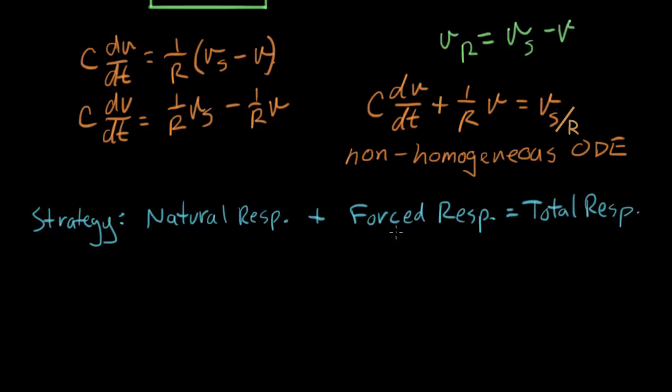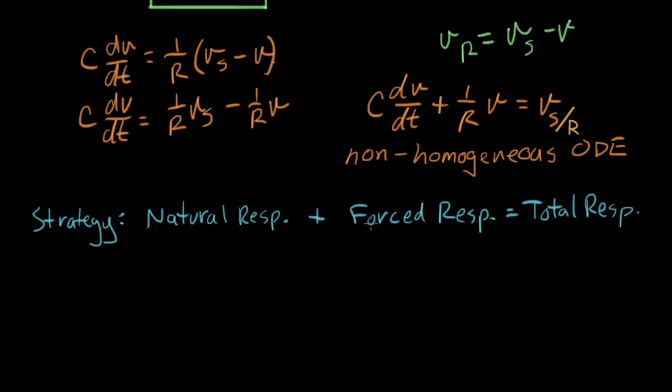All right, so we have 2 new words here: the forced response and the total response. If we remember, the natural response was what the circuit did when nothing was forcing it. We just put in some initial energy, some charge, and let the circuit sort of sag toward wherever it was going. That's the natural response. The forced response is what the input source forces the circuit to do.